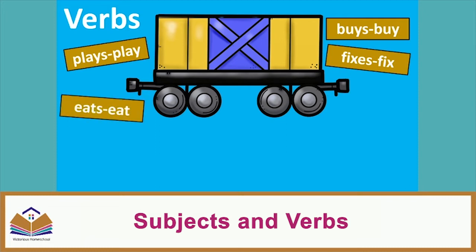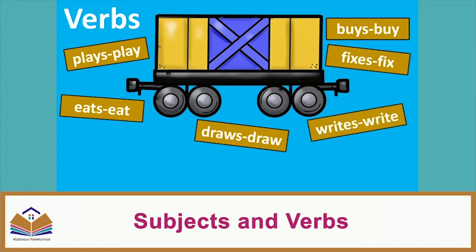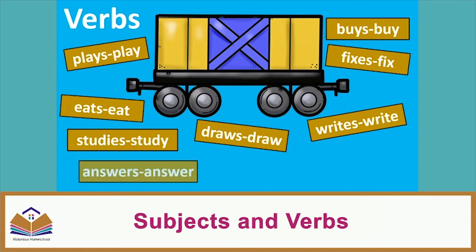Eats, if it's paired with a subject noun that is singular, and eat if the subject noun is plural, and it applies to the rest. Draws, singular, draw, plural. Writes, write. Studies, study. Answers, answer. Talks, talk.